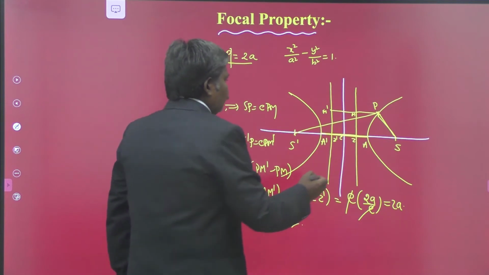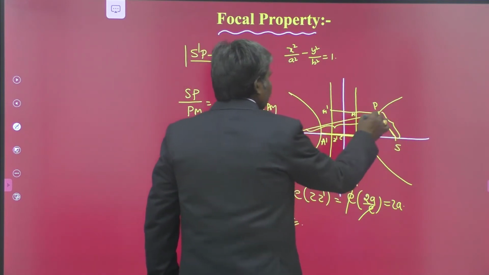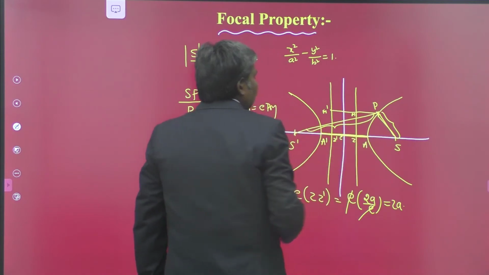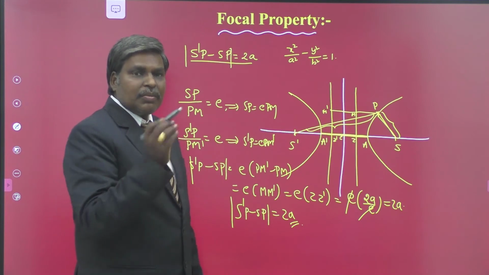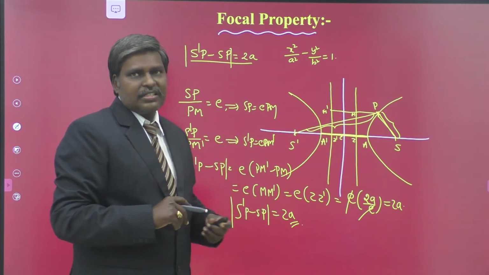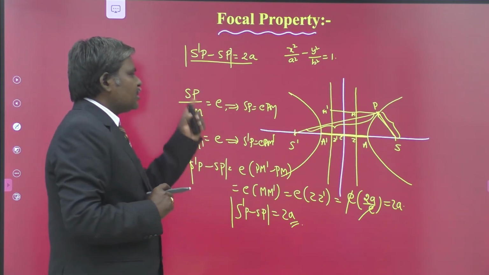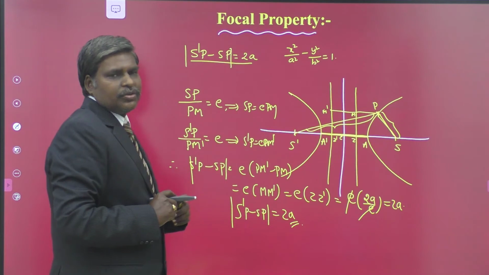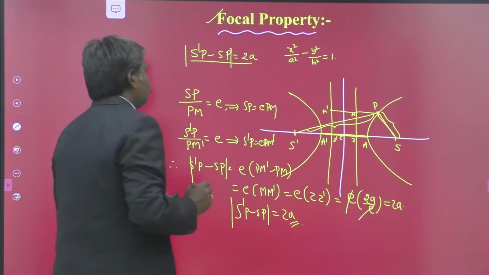This is the one focal distance, this is the other focal distance. Their difference is always equal to AA dash. This is the focal property. In ellipse, the sum of the focal distances is constant. In hyperbola, the difference of the focal distances is constant. Okay, this is the property.